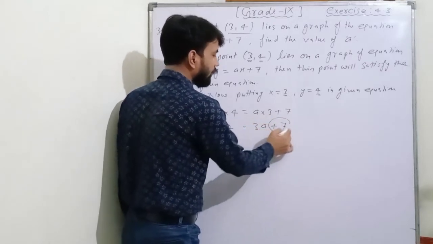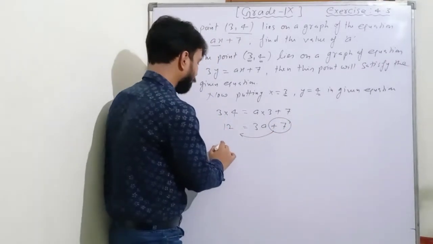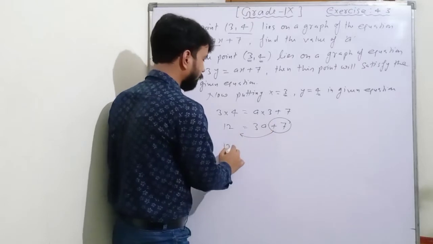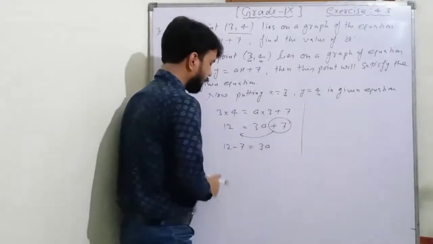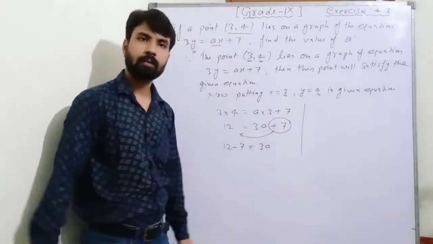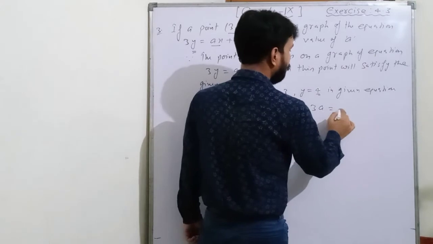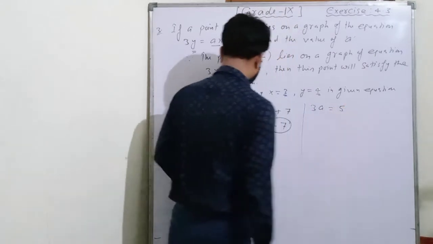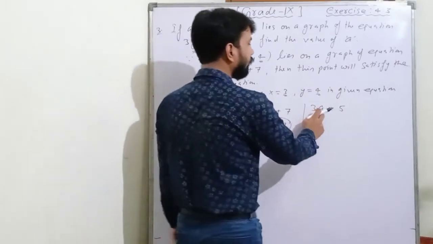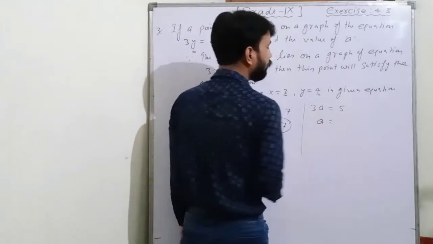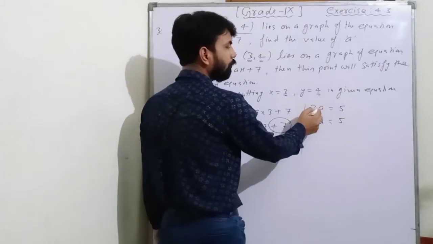Now we will shift this plus 7 in left hand side. So we will get 12 and this plus 7 will be minus 7 equal to 3a. Now see 12 minus 7 is 5, then 3a equals to 5. We have to find the value of a. So beta a equal to 5 and the relation between 3 and a is of multiplication.